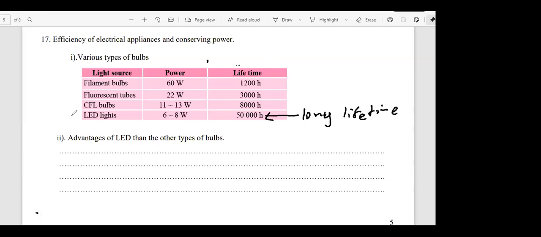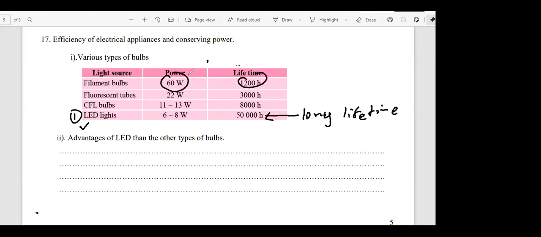That means when you use one LED, you have to use 4 CFLs. So 4 CFLs release mercury to the environment. Therefore you can reduce the releasing of these harmful chemicals, the mercury, to the environment if you switch from CFL to LED.